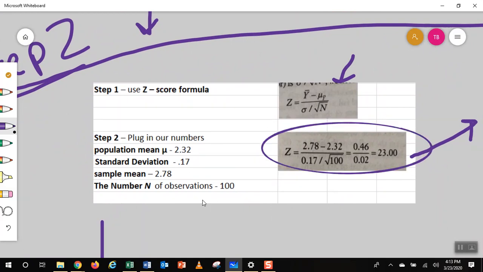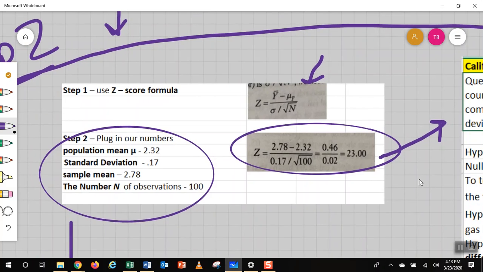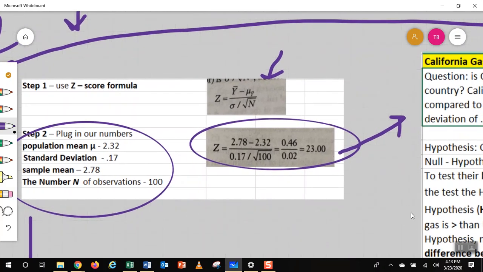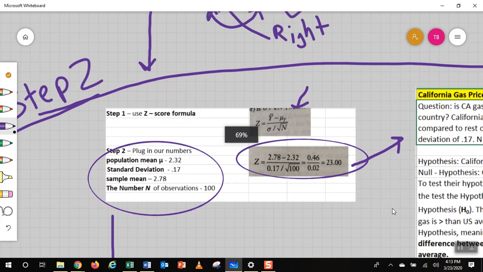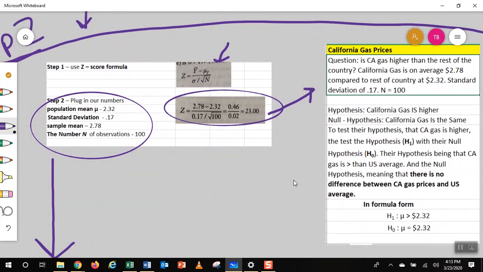So if you look ahead, I have two ways you could look at this. Step 2, plug in the numbers. And these are all the numbers that I pulled from the actual question. But if I were to just zoom out a little bit, you'll see where I got these numbers from. You can see that the sample mean is over here, 2.78. The standard deviation is over here, 0.17.